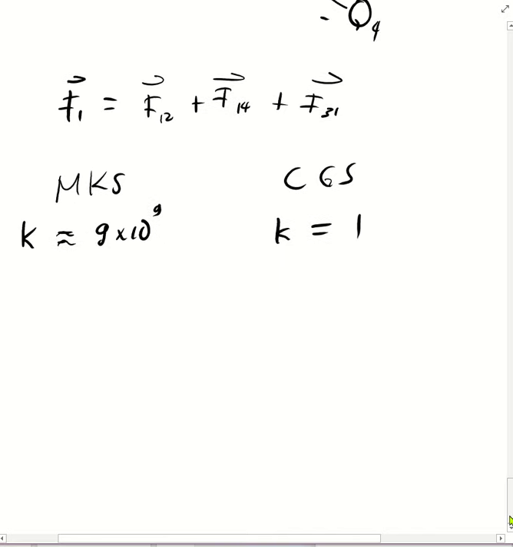In MKS, our force is in Newton, our Q's are in Coulomb, and our distance is in meter. But in CGS, it's different.